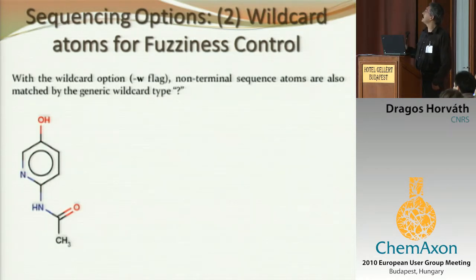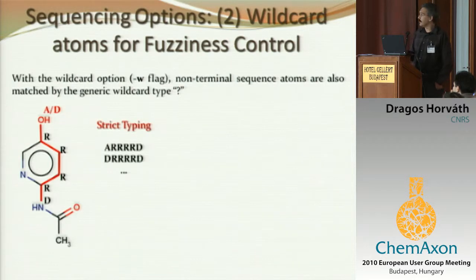The wildcard atoms are used in order to ignore the actual type of certain atoms if necessary. So the strict typing is the one we saw.